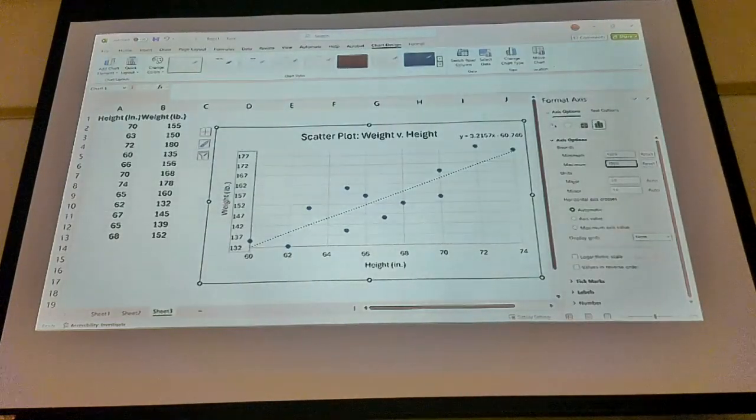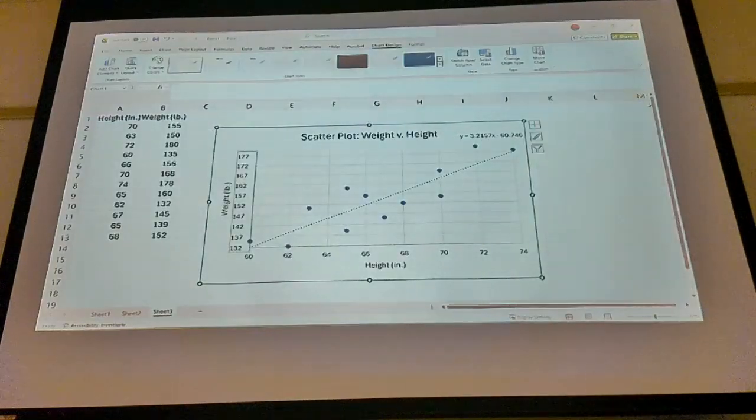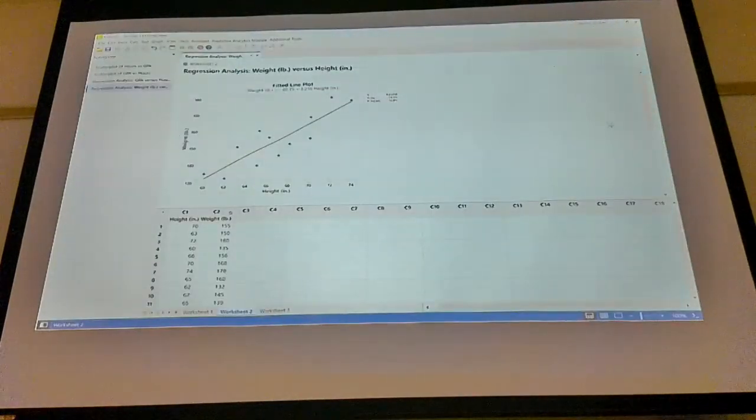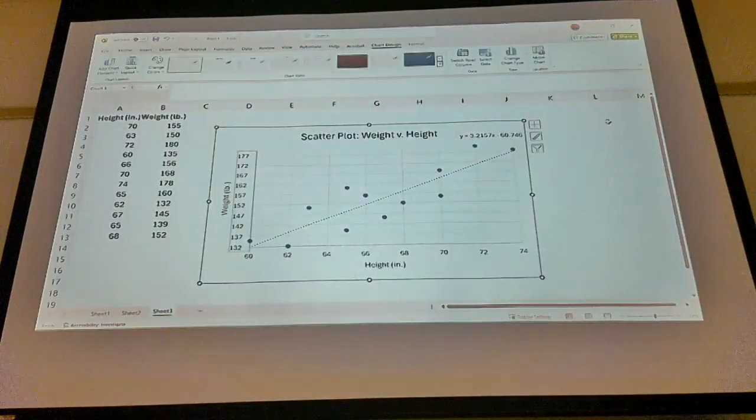Which just gives you a more zoomed in look, but again, that could be misleading. But that now matches what it looks like on that page. But now that was a case where it didn't start at zero, right?